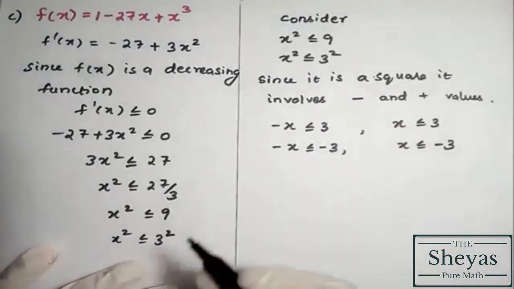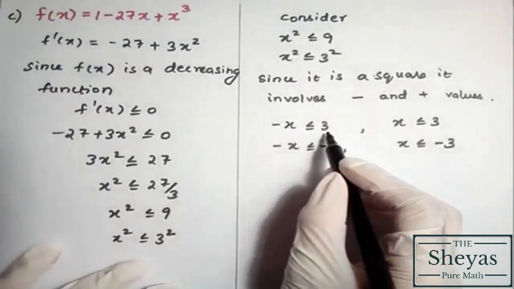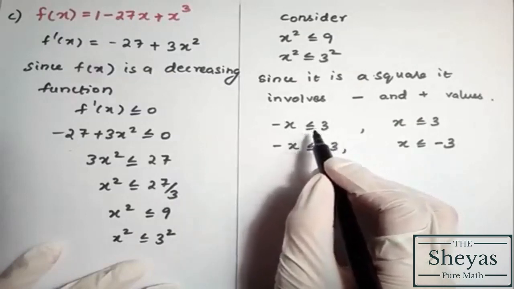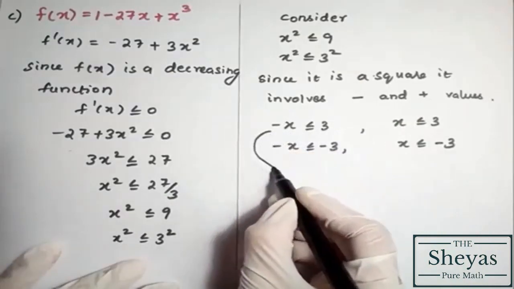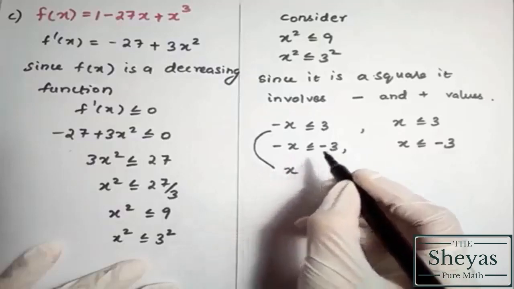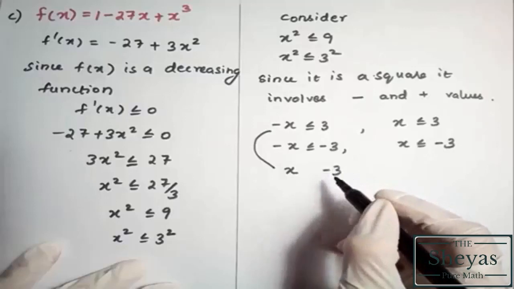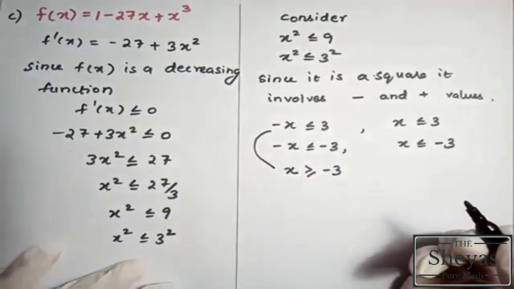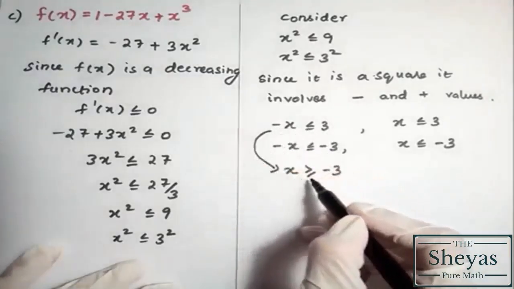Now in the next step, I am taking this inequality and multiplying this inequality with a negative sign. So just see how this inequality changes when I multiply this with a negative sign. This will become positive and this 3 will become negative 3. And when you multiply the inequality with a negative sign, the inequality changes. So you have converted this inequality to this.